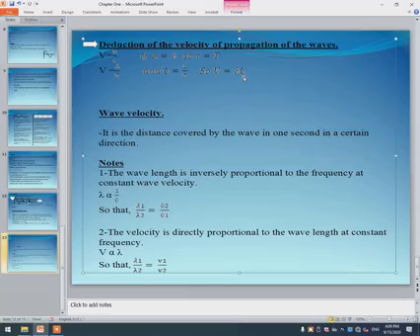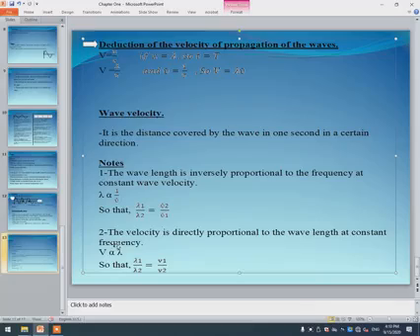So if you want to study the relation between lambda and nu, you need to make the velocity of the same wave constant. So the wavelength is inversely proportional to the frequency at constant wave velocity. So the ratio between lambda 1 and lambda 2 will be nu 2 over nu 1, and this is the inverse relation.